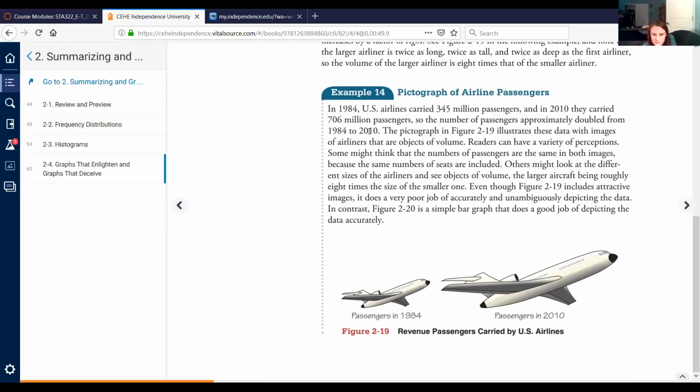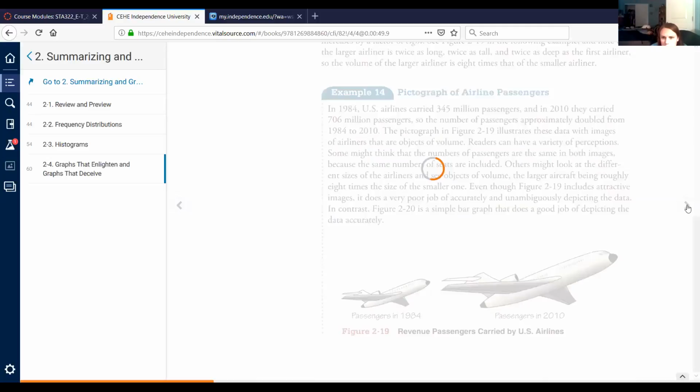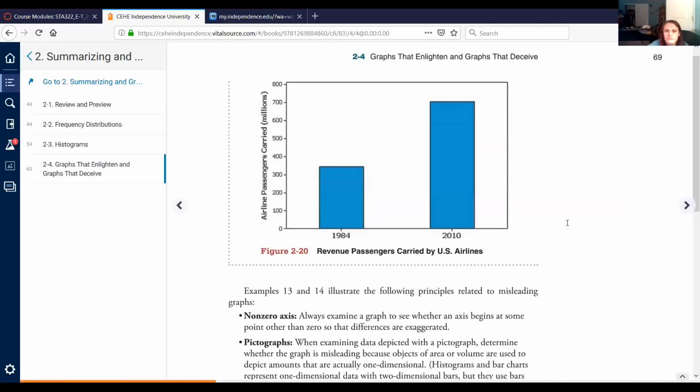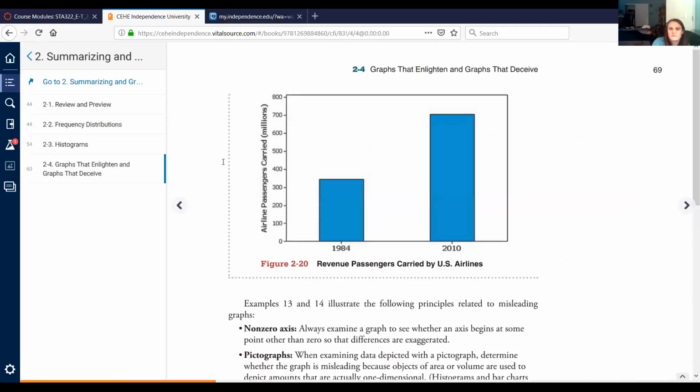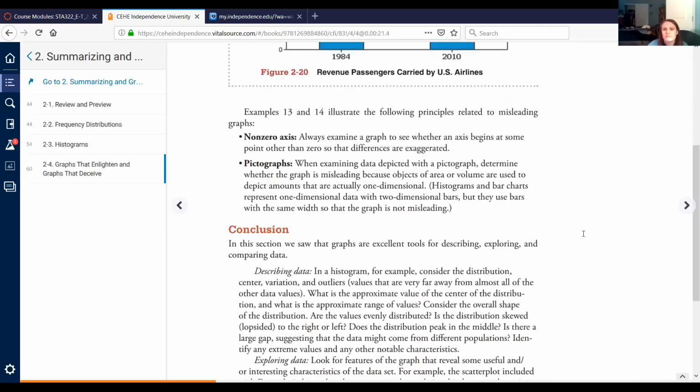And the data are that this plane should only be twice as big, because it's a little bit over twice as many passengers. So this is a way that you can use pictographs to make things look different. And I've seen a number of these. Here's another way. If we plotted this on a scale of 0 to 800 million, it's much less impressive, and it gives you a better idea. This is still a big increase, but it's not nearly as much as we saw before.